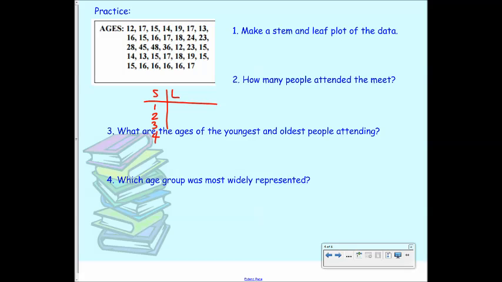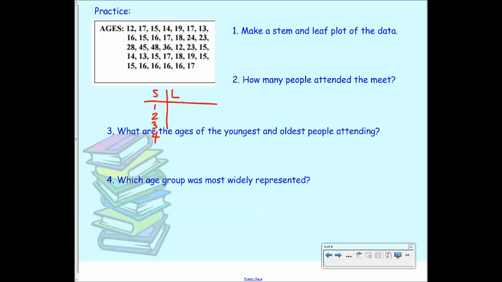In this case, that was only 3 people on this list. And then the 3s represented 30 all the way to 39, and the 4s represented 40 up to 49. So an interval is a set of numbers that are represented by however many people are in it.